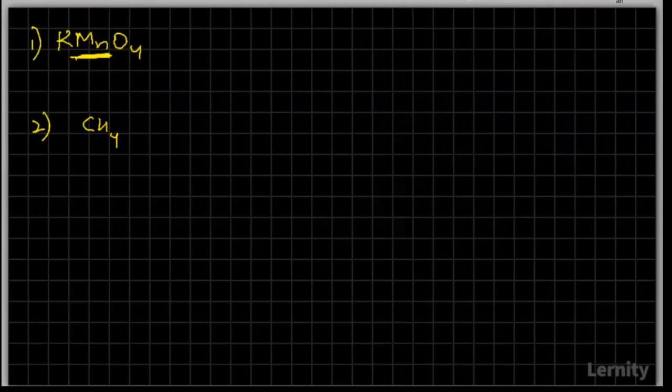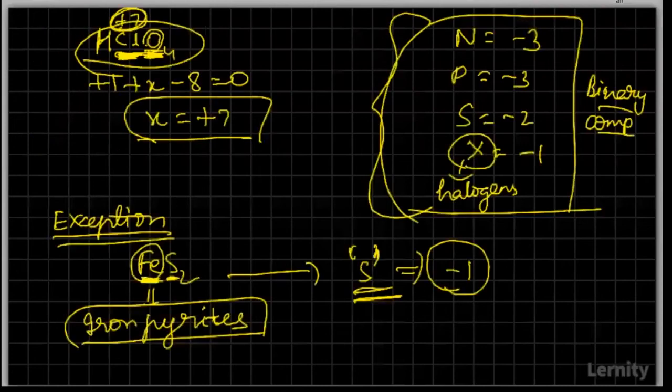For iron, in that case, you can't take it as +3 because I didn't write FeS3. I have written it as FeS2. Let me go back to that slide. See here, iron and sulfur. Iron has two oxidation states.